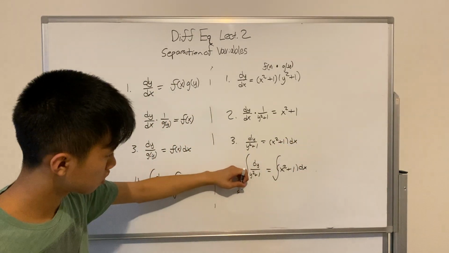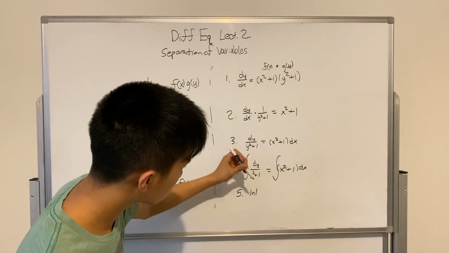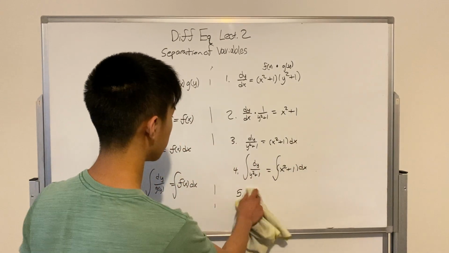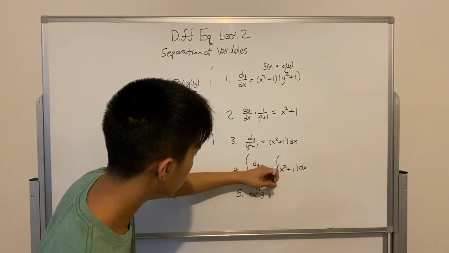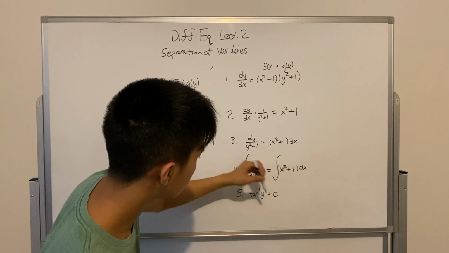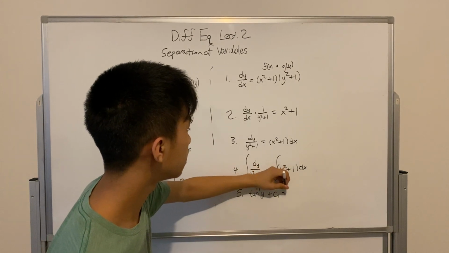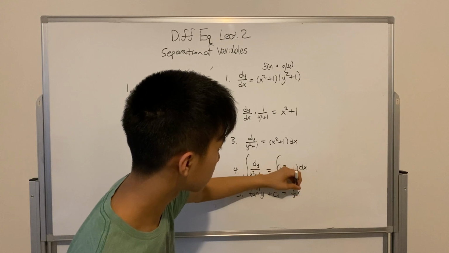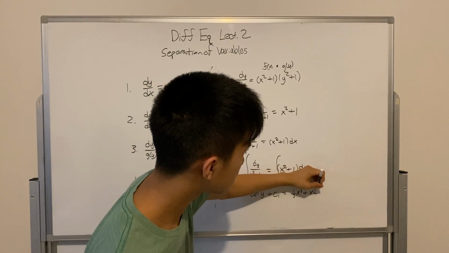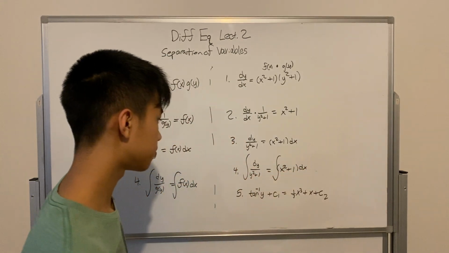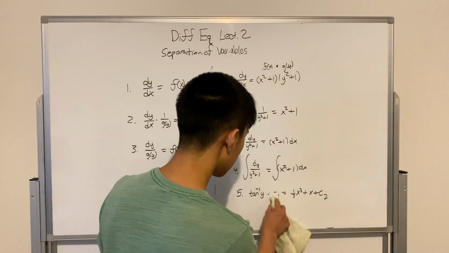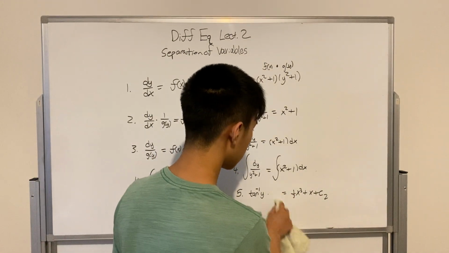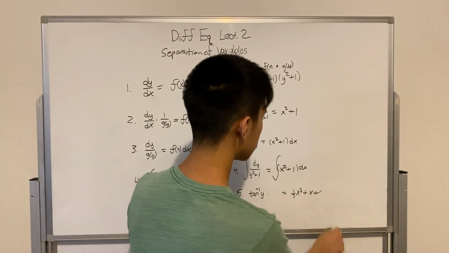That gives us, not ln, inverse tangent of y plus c1 equals 1/3 x cubed plus x plus c2. And since constants are really arbitrary, you can just bring this c1 to this side.